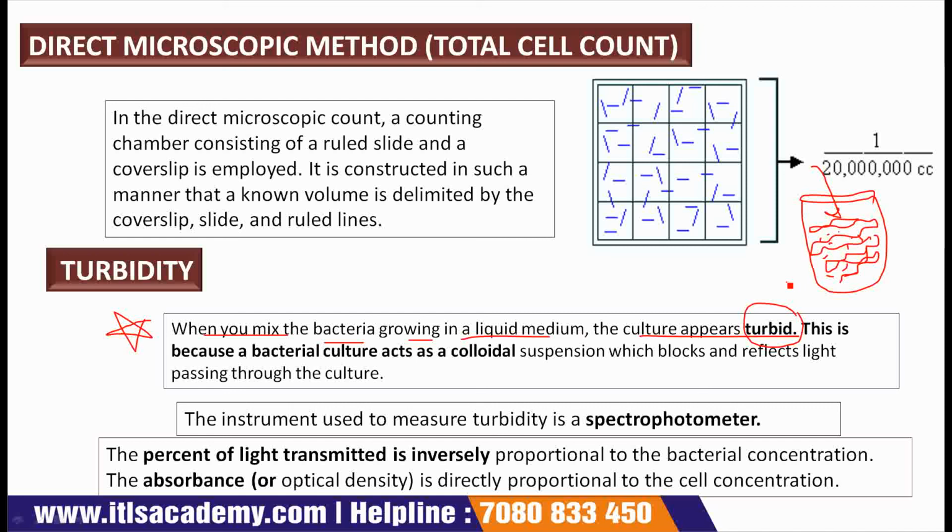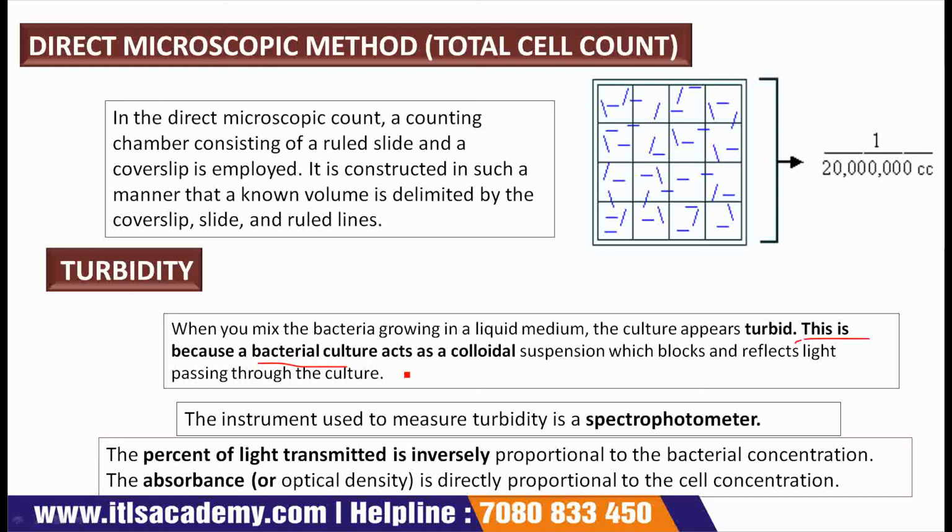This is known as turbidity. This happens because a bacterial culture acts as a colloidal suspension, which blocks and reflects light passing through the culture. That's why the visibility becomes less and the medium is known as turbid.